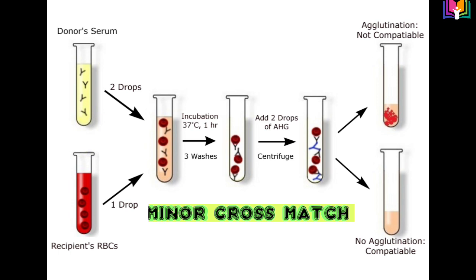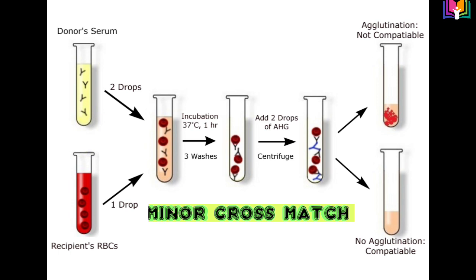Before the 3 times washing, we decant the supernatant serum, and we wash with saline. After that we add 2 drops of anti-human globulin, and then we centrifuge for 1 minute at 1500 rpm, and after that we observe the agglutination.